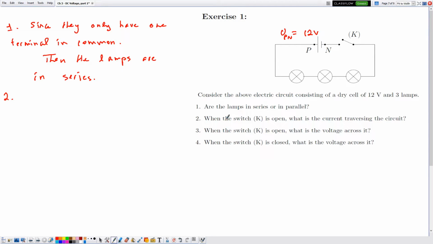Now in number 2 they are telling me when the switch K is open, what's the current traversing the circuit?